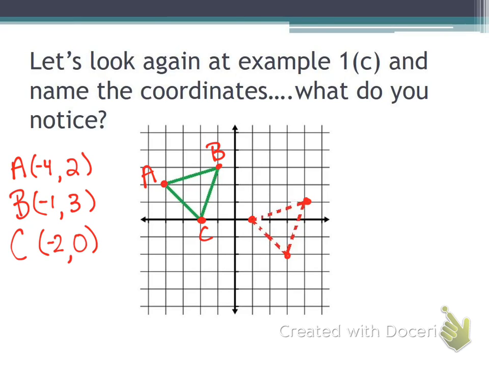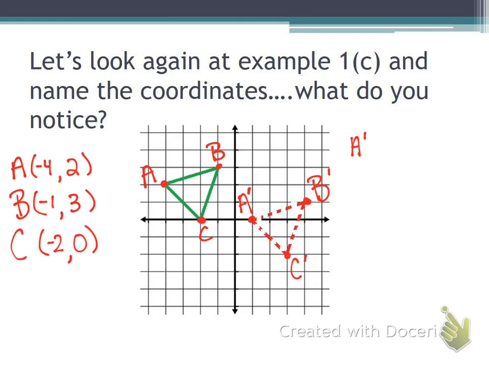Now, when we do some sort of transformation, this is a notation thing, usually your new points will be labeled with primes, and they look like little apostrophes. So A would move to a point that we would call A prime. It kind of looks like an exponent of a 1. Some people think it looks like an apostrophe, but we call it a prime. B would move to B prime, and C would move to C prime.